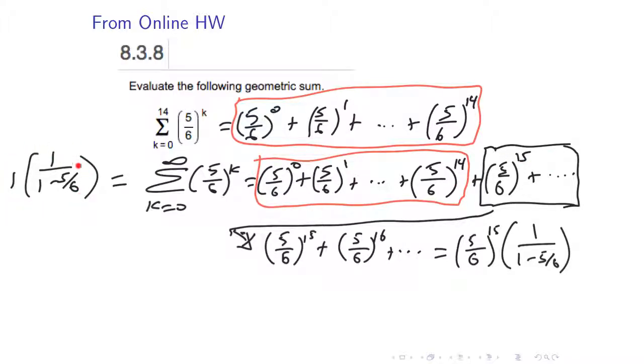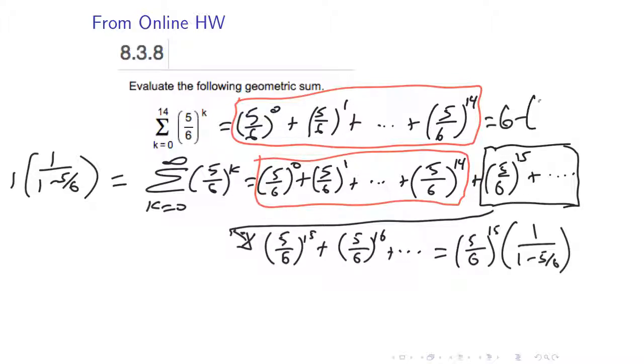And if you deal with the fractions for a second, you'll see this comes out to be exactly 6. So this red box is 6 minus the stuff that I get here, subtracting this, which is equal to this. And again, this is 6. So I'll just write it that way.